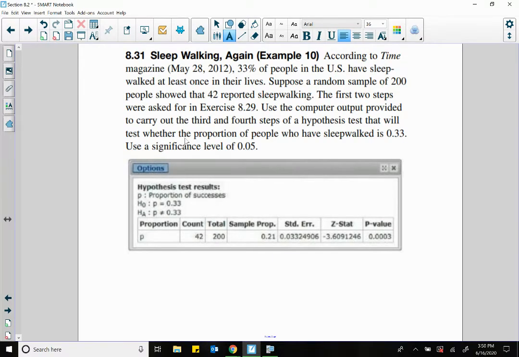So they want us to do the compare, because they've already done the compute, and they want us to interpret. You can see our step 1 is right here.